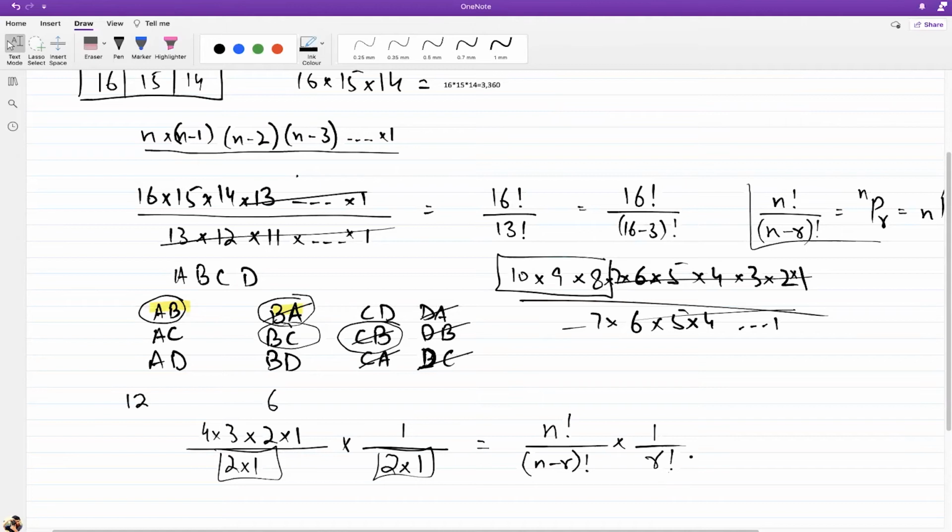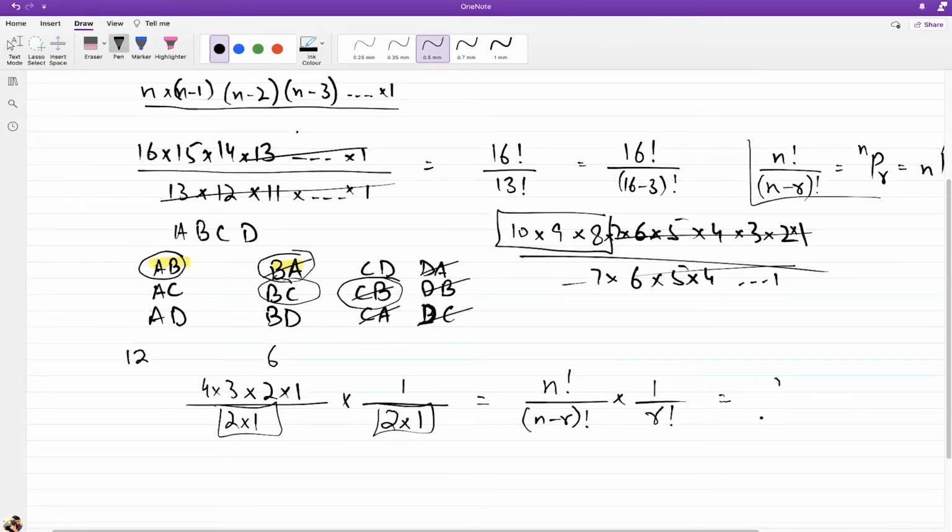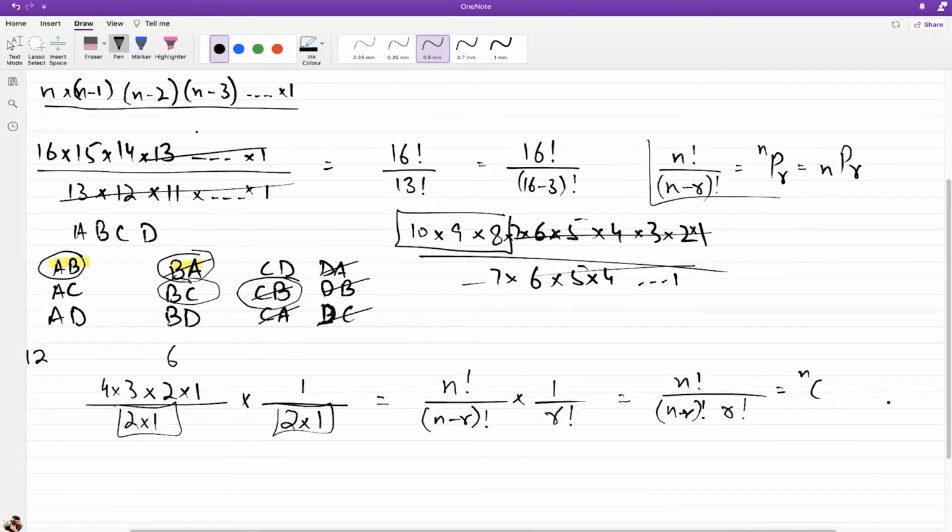Okay? And so this whole thing, I can write it like this: n factorial over n minus r factorial, things that you don't pick up, and r factorial, things that actually repeat. So that's called NCR. People write it as NCR as well.